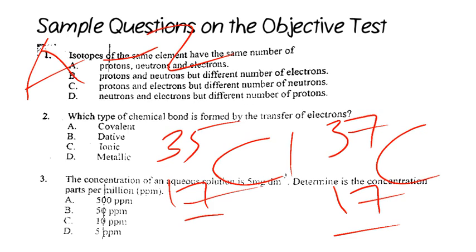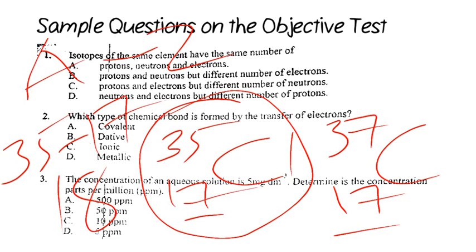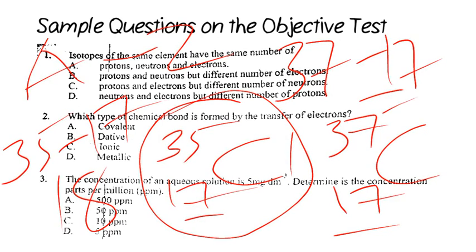Now, how can we get the number of neutrons? We can get the number of neutrons by subtracting the atomic number from the mass number. In this first case, it is 35 minus 17, and this will give us 18. In the second case, it is 37 minus 17, and this is equal to 20.